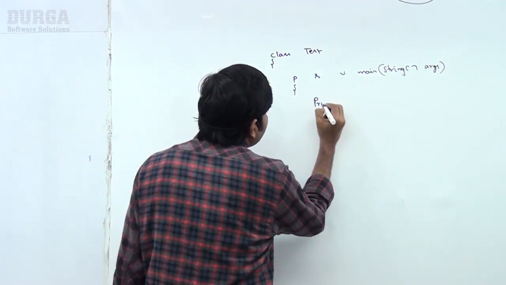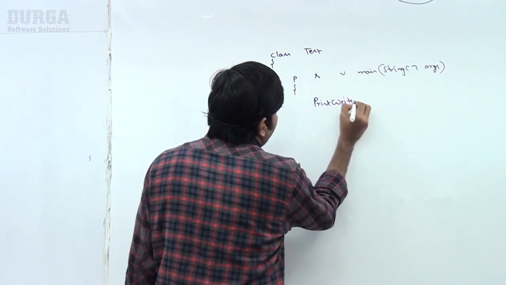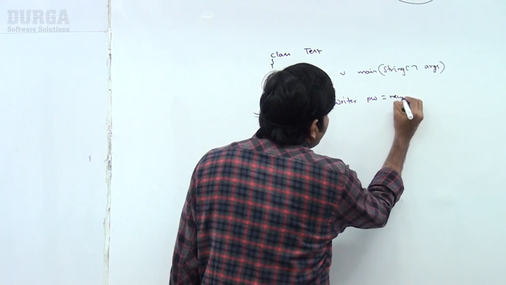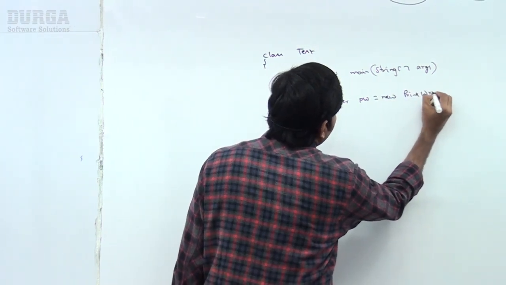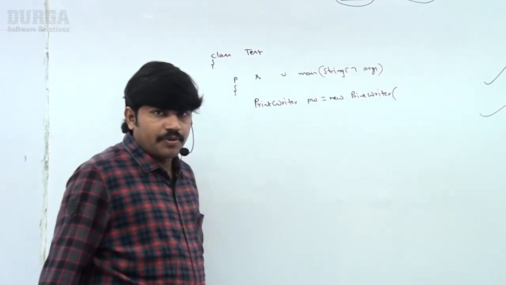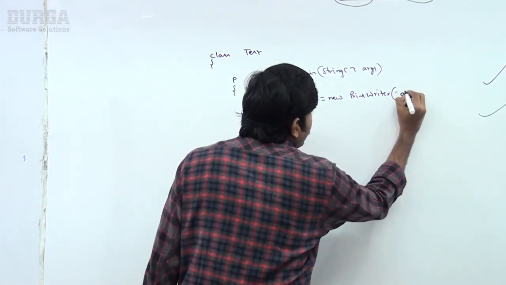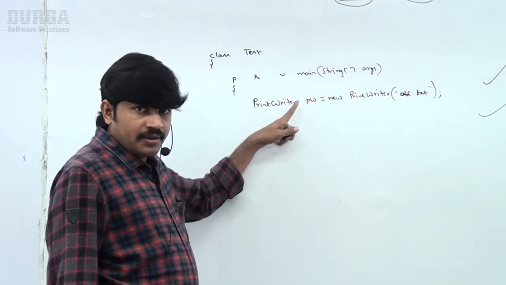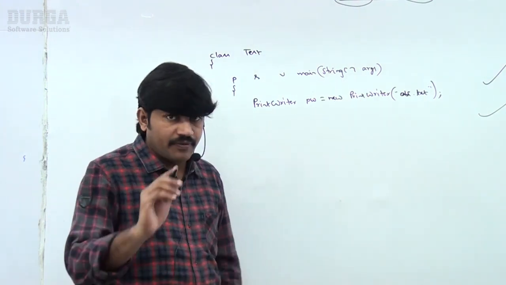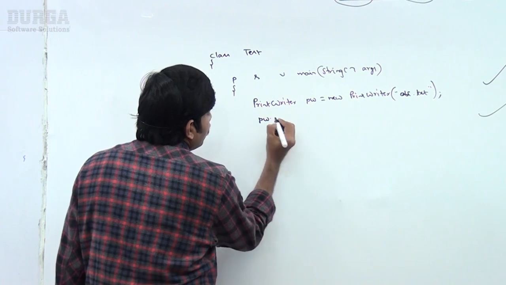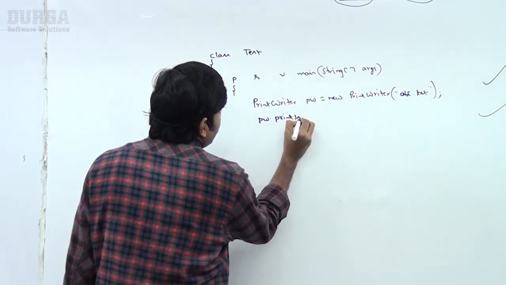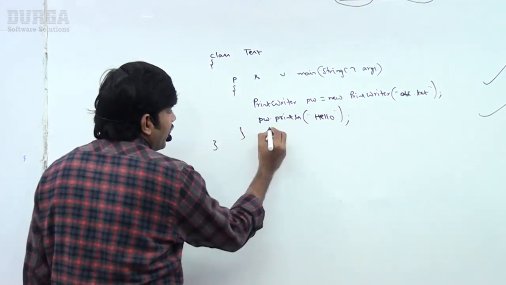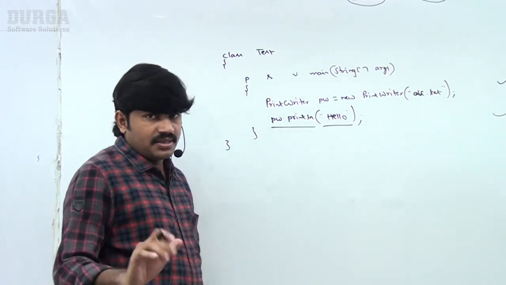Now PrintWriter pw is equal to new PrintWriter of abc.txt. Observe carefully. Then pw.println of hello, pw.print of hello, like this I'm taking.